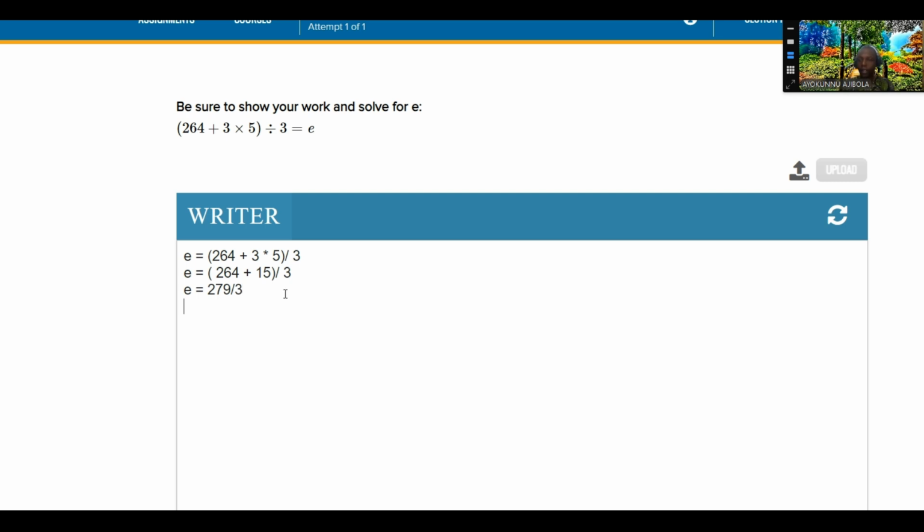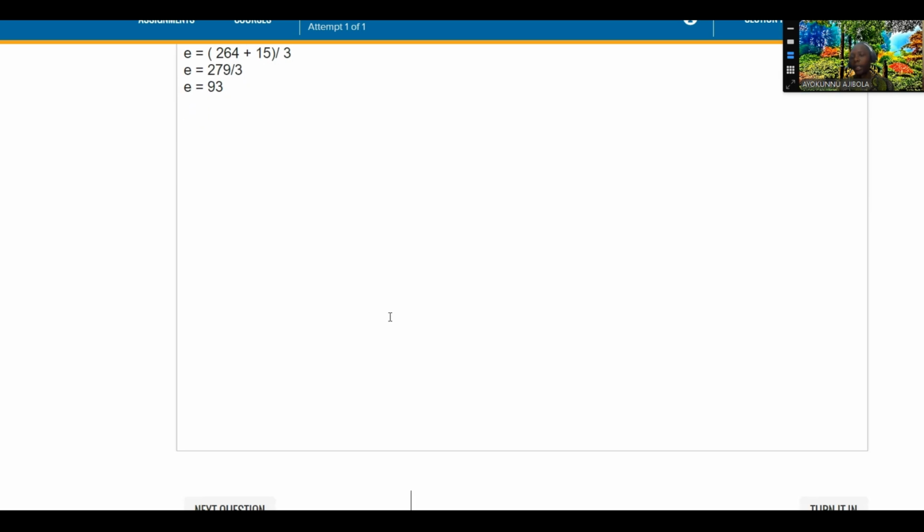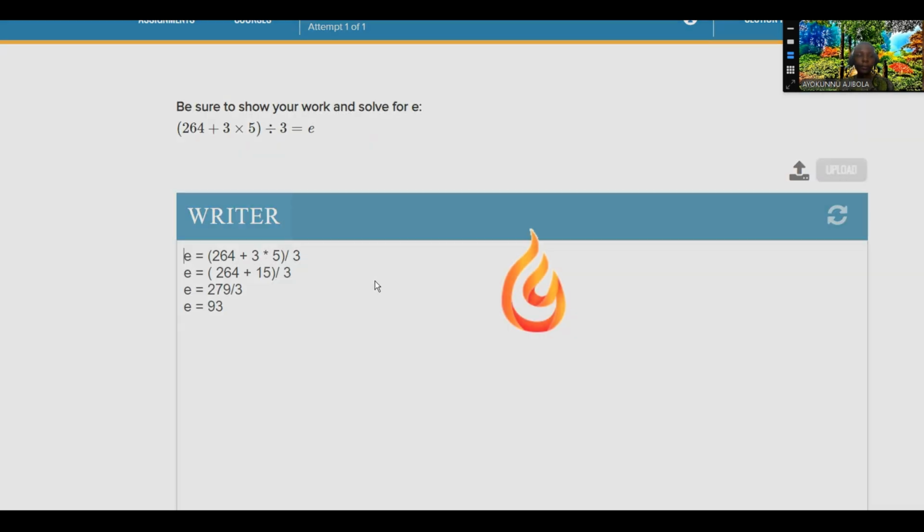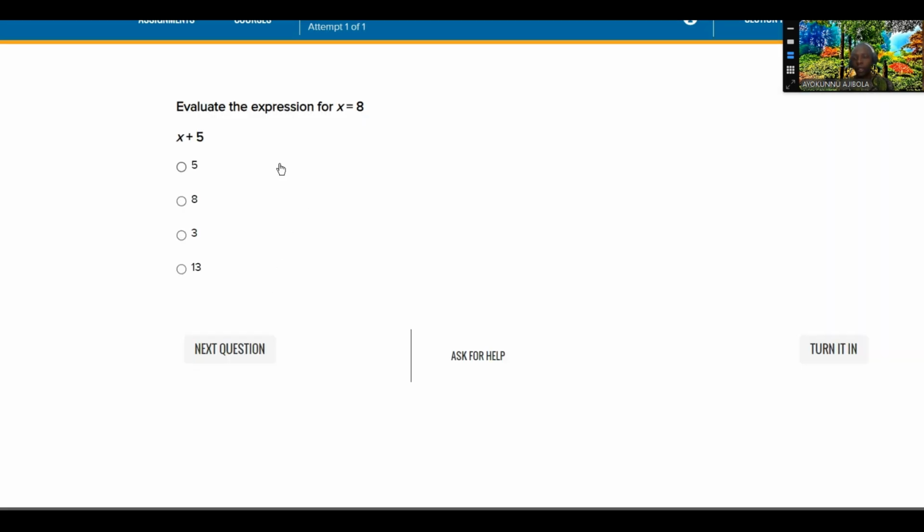So can we divide 279 by 3? Yeah. So E equal to how many 3's in 27? That's 9. And how many 3 in 9? That's 3. So E should be 93. Is that clear? Yes. Okay.